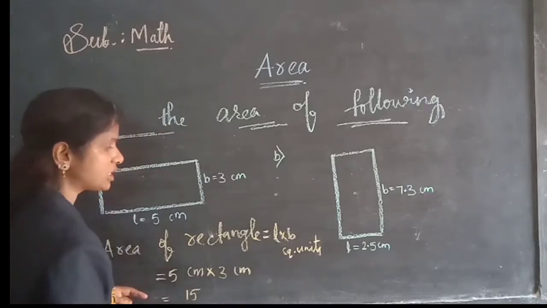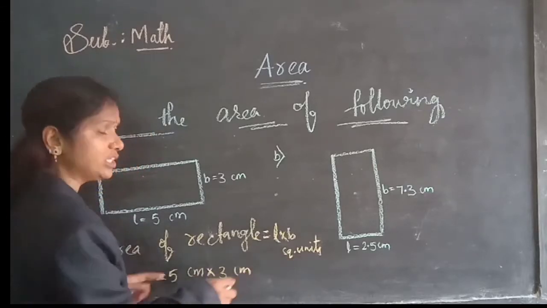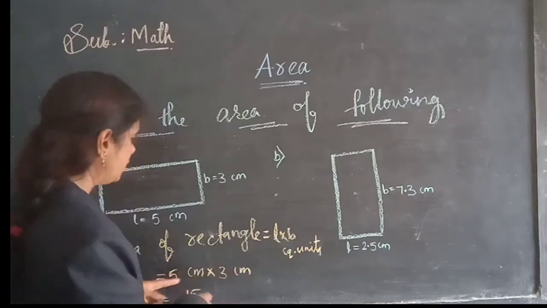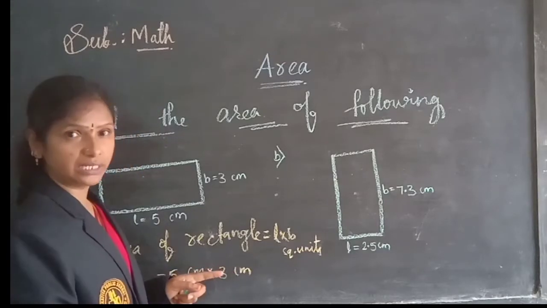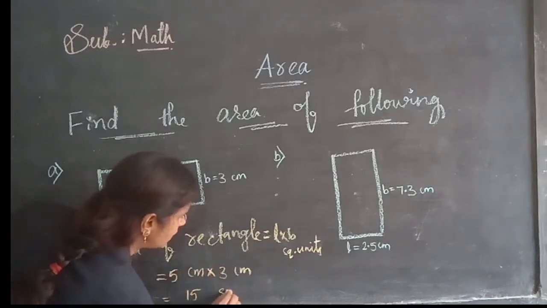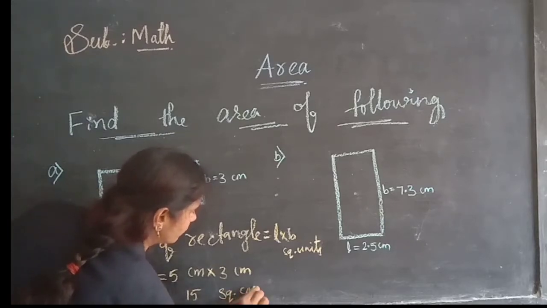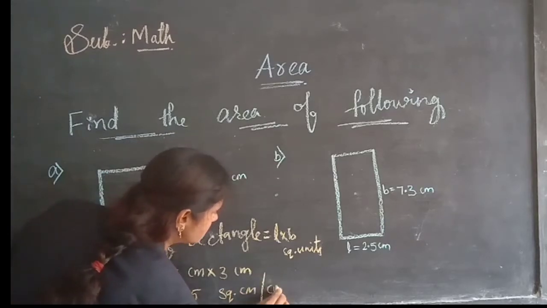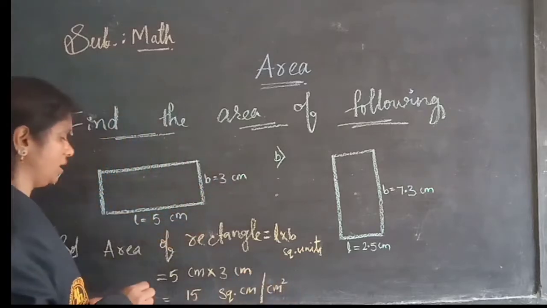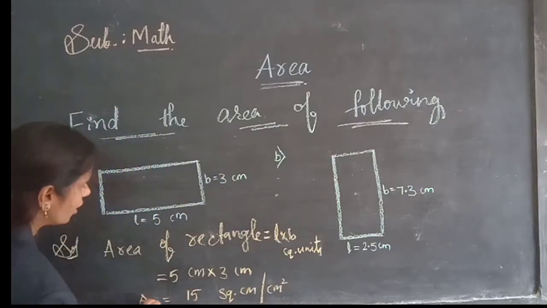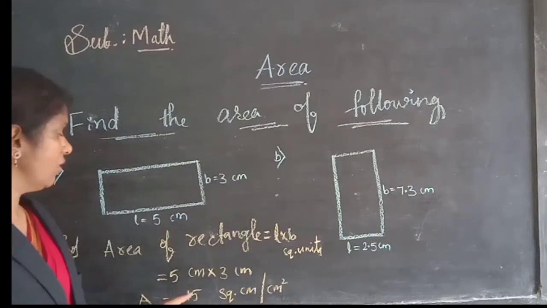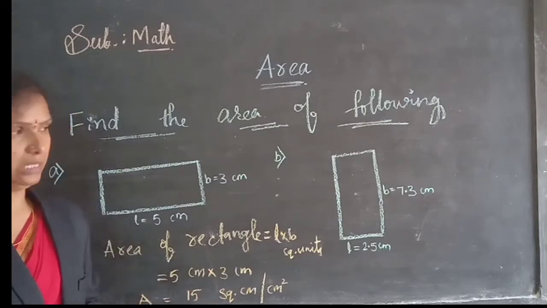And square units, now here units are nothing but the measures given in the question. Which measures are given here? Centimeters. So square centimeters. You can take it like this or else centimeter square. So the area of the given rectangle is 15 square centimeters.